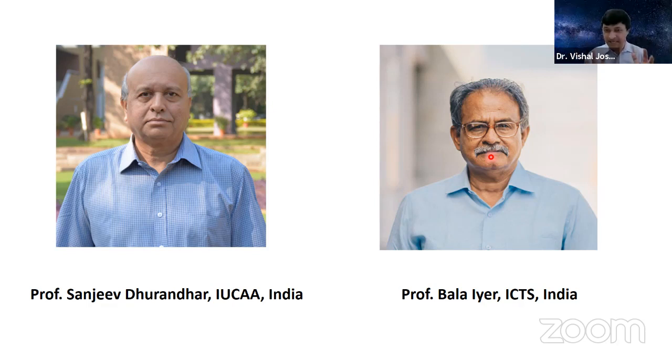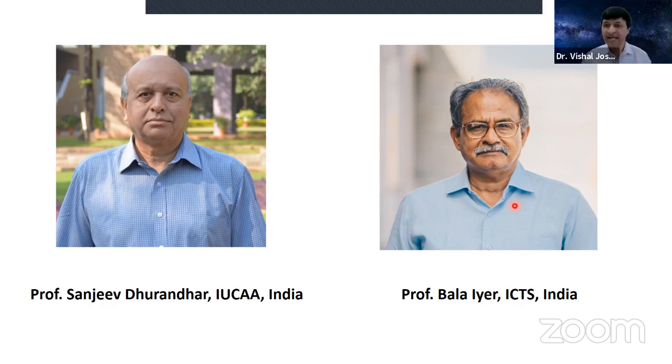So if the system is like this, what kind of gravitational signal will it produce? Professor Bala Iyer and his team told the world what kind of signal we should look for. And Professor Sanjeev Dhurandhar, working at IUCAA. Both of them are retired now, but their teams are still working across India and across the world.